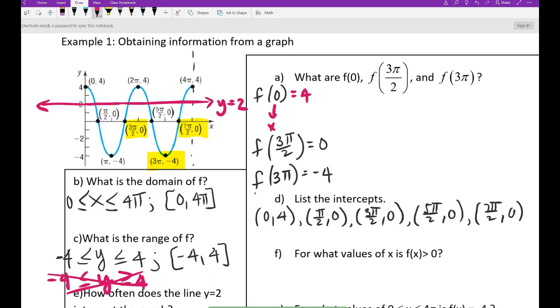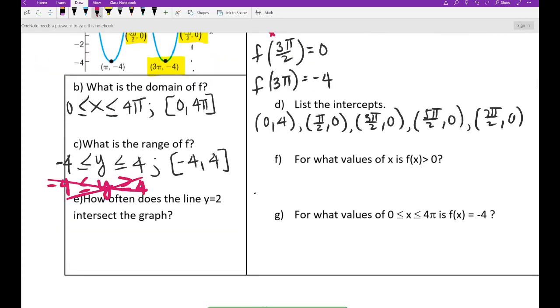Is it possible to count? Yeah, Gracie? How often? How many times? 4. You guys agree with Gracie? 1, 2, 3, and 4. And that's all you have to do. 4 times. It seems easy, but make sure you know what a y-equals line looks like, okay?